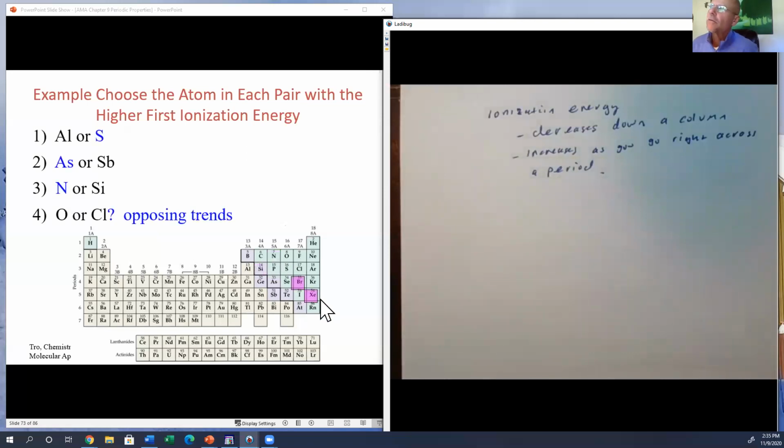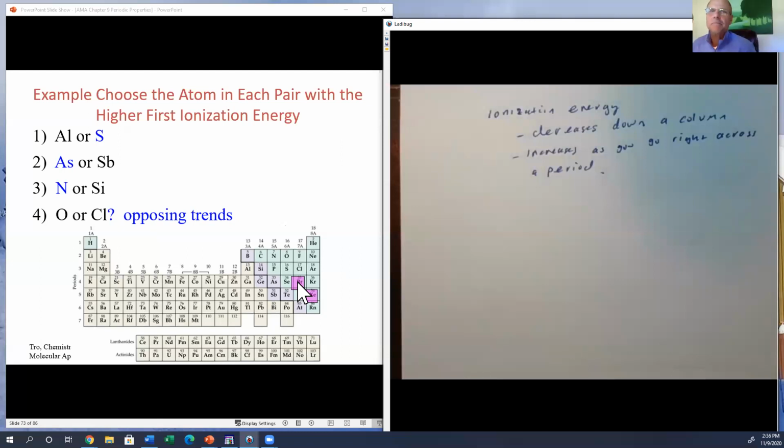And then, of course, if you go this way, you can't tell, because the trends oppose each other. So it would be fair to say that the radius decreasing when moving to the right and increasing when moving down is the opposite of ionization energy.